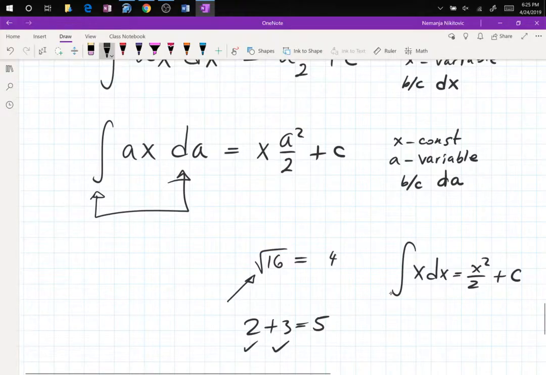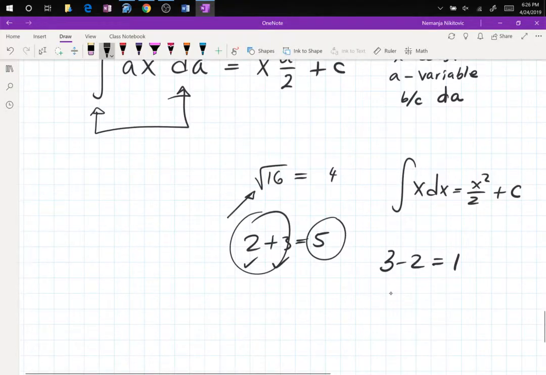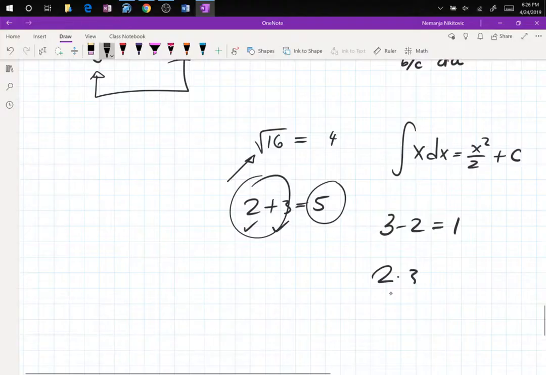Operations combine numbers and change numbers into another number. So 2 and 3 are changed into 5. I can also change 2 and 3 into a 1 by saying 3 minus 2 is 1. I can change 2 and 3 into 6: 2 times 3 is 6, right? So I can use different operations to change numbers into different numbers.